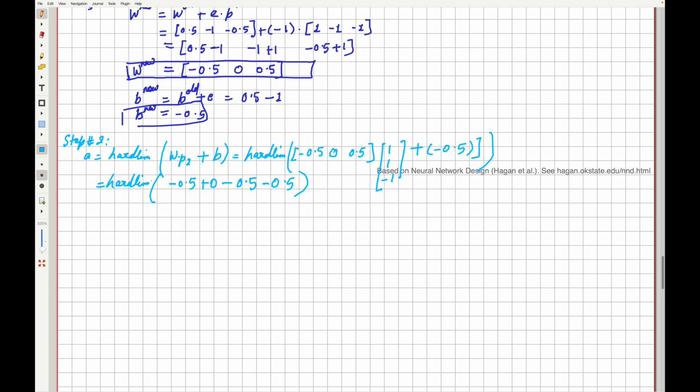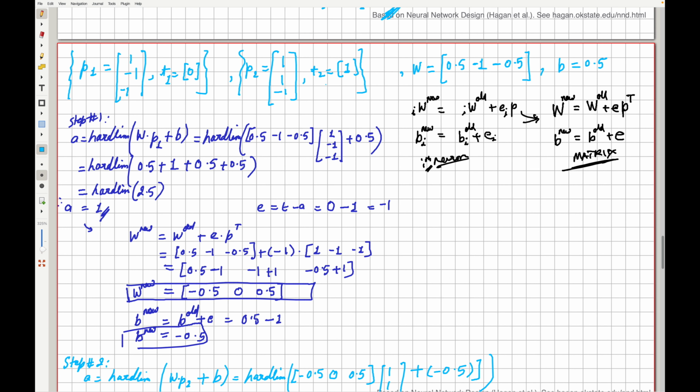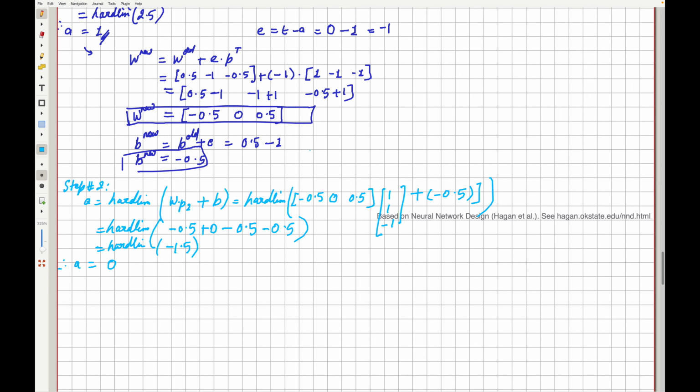We now add all of these, and so what we get is hardlim of minus 1.5. Again, the value for a that we get here is 0 for the data point 1, 1, minus 1, and the target class is actually 1.